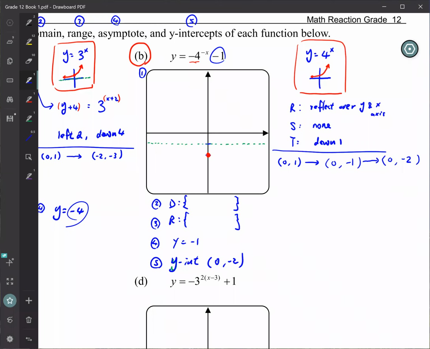Because it used to be y equal to 0, right? Even if you multiply by a negative, a reflection, it still stays at 0. Even if you stretch it, 0 times anything is still going to stay 0. So the only thing that can affect a 0 is adding or subtracting a number.